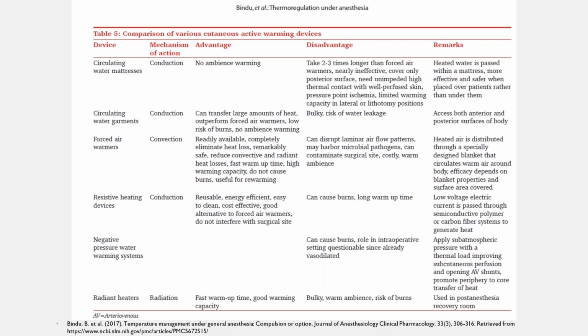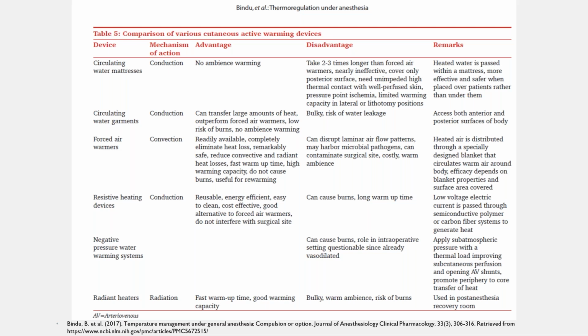So, some various cutaneous active warming devices, right? You've got all sorts of different things. You've got the circulating water mattresses, which are used in a lot of places and have been utilized in a lot of different ways.